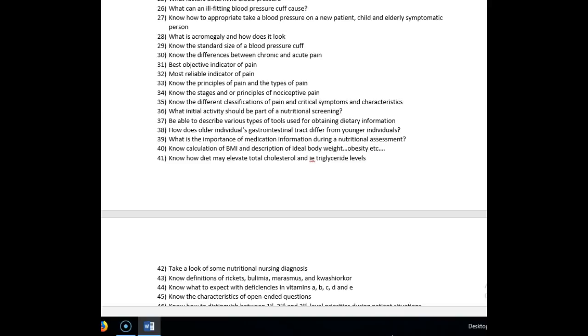A lot of times when you're assessing a person, you might just want to check their mouth and see if they have swollen, ulcerated, or bleeding gums in some areas.